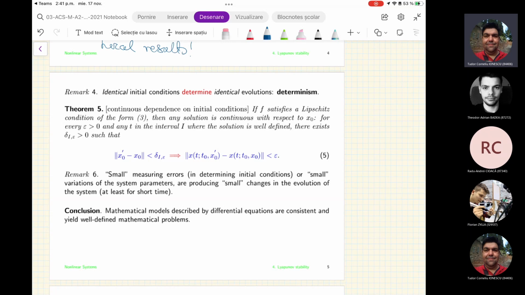So if F is Lipschitz, then any solution is continuous with respect to x naught, that is, for any epsilon positive and any time t in the interval I where the solution is well defined, there exists a constant delta such that if two initial conditions are close to one another, then the two solutions are also close to one another.